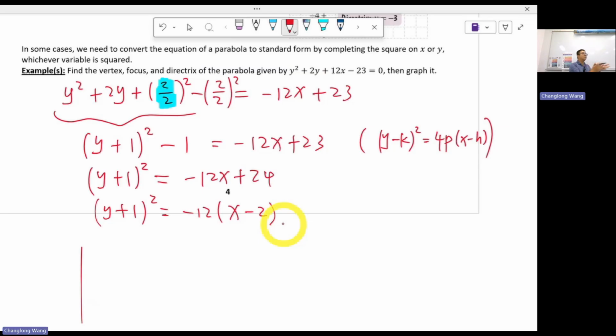I know it's 50-50, but don't jump to the conclusion, because you should ask yourself in a test, because you definitely have the time, to ask yourself one more question. Is it vertical or horizontal? Now, if it's a horizontal parabola, does it open to the right or left? Horizontal has to be to the right or left, right? So what do we look at?